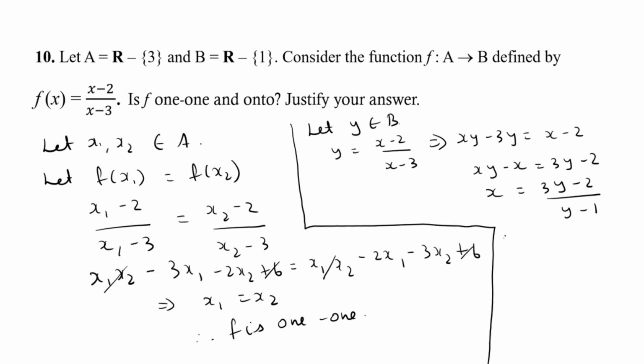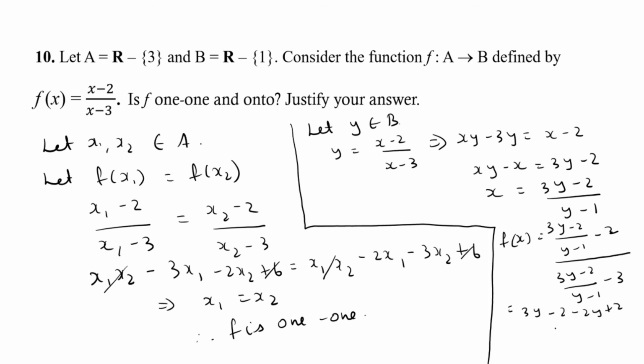So f(x) is equal to (x-2)/(x-3). In place of x we have to substitute (3y-2)/(y-1). Okay? So this is equal to (3y-2-2y+2) divided by (3y-2-3y+3).